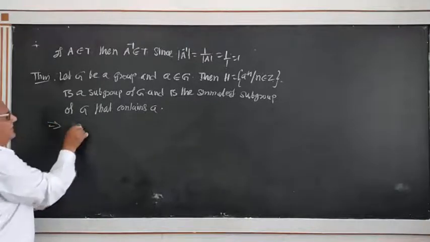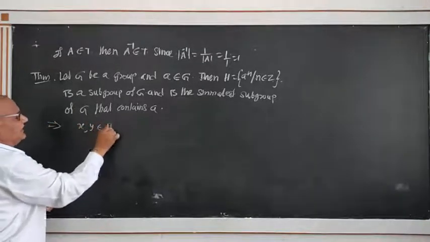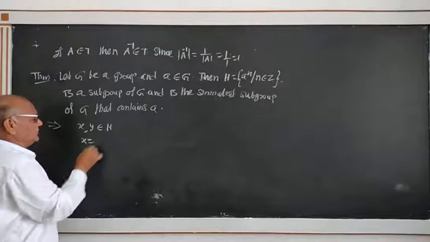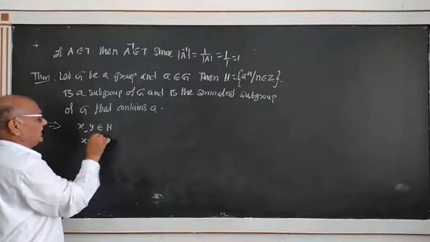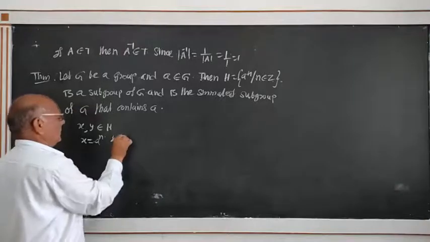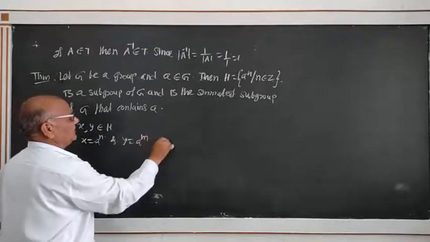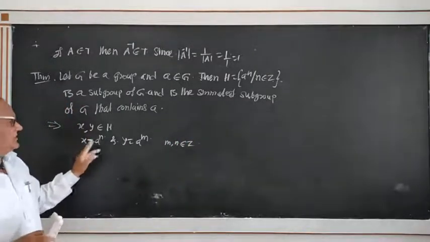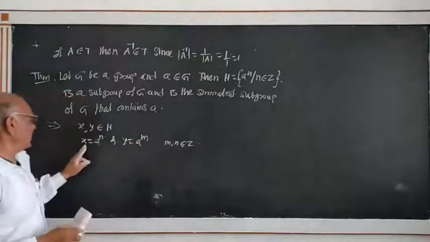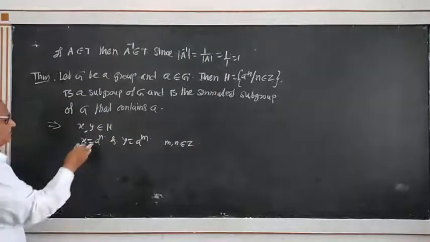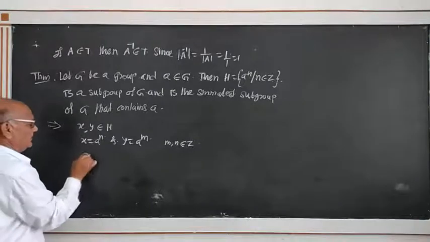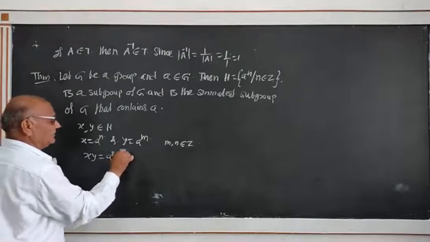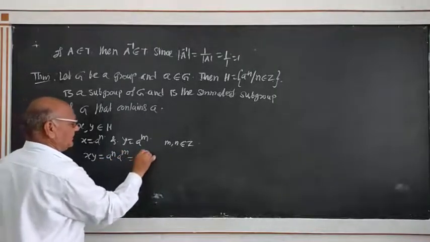Here, x, y belongs to H. That means x is equal to a to the power n and y is equal to a to the power m, where m, n belong to Z. Now x times y is equal to a to the power n times a to the power m, which is a to the power n plus m.